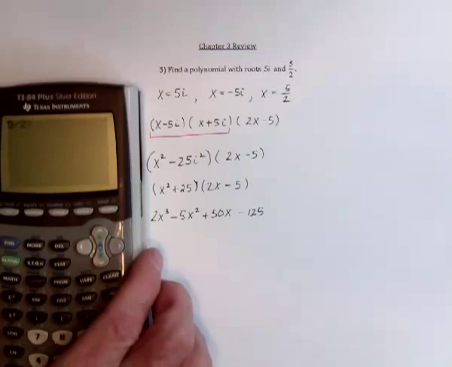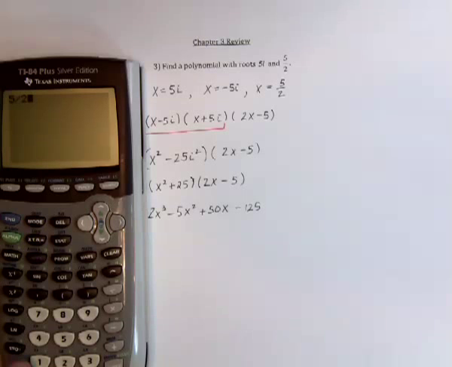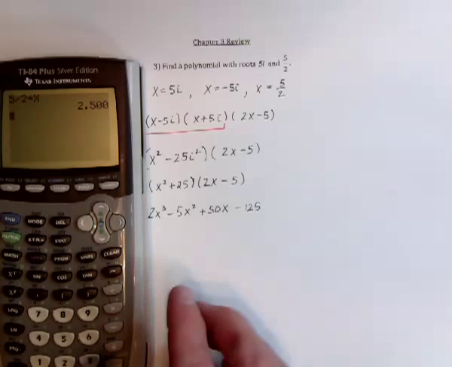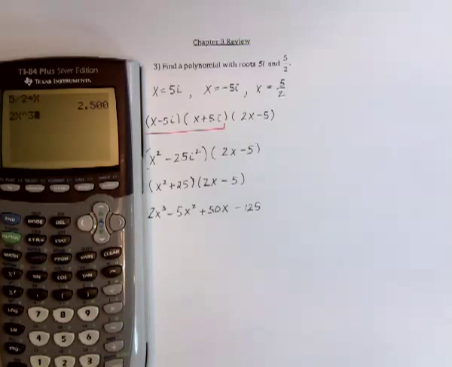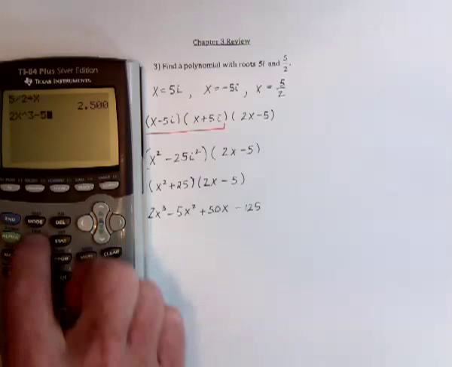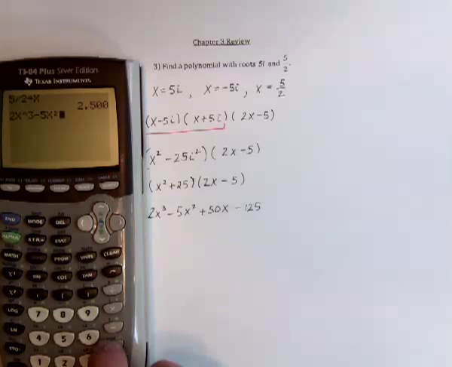So down here, store that as x, and then our polynomial is 2x raised to the third minus 5x squared plus 50x minus 125, and the answer should be 0. Nicely done.